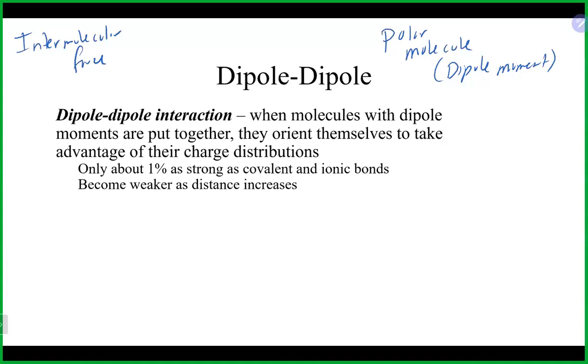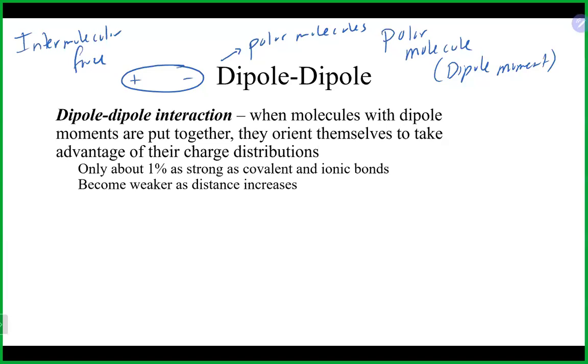And that creates, again, a positive side to that molecule and a negative side to that molecule because of that unequal sharing of electrons. So this is pretty much the force that we see used with polar molecules. And because they are polar, again, they always have this sort of separation of charge. So they always are sort of ready to go.